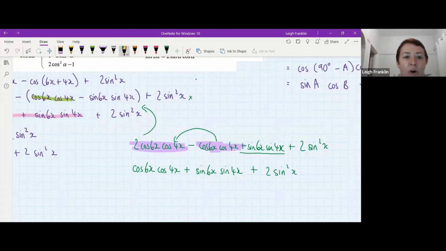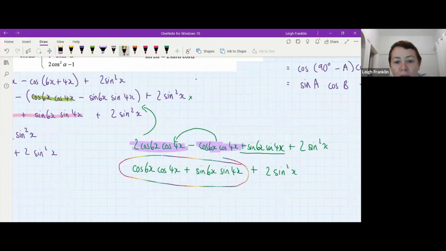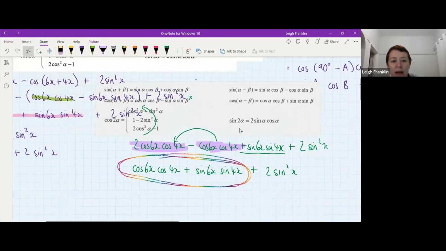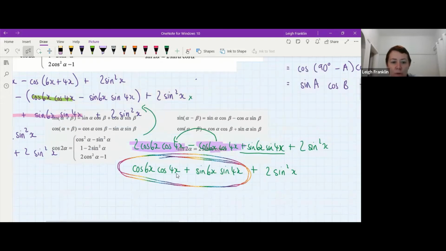It's this over here, Michelle, those 2 terms together, that is your cosine angle expansion. So that's what I was trying to show you.